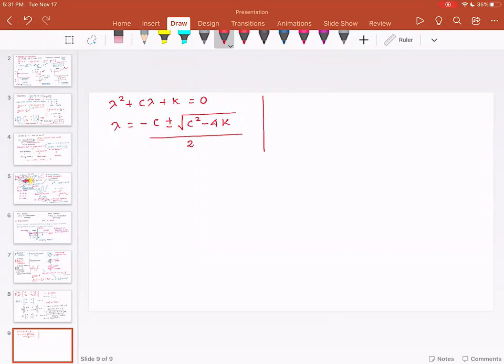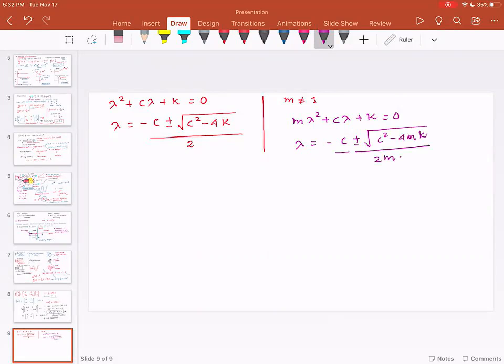If m is not equal to 1, the expression that I will land up with is m lambda square plus c lambda plus k is equal to 0, wherein lambda is equal to minus c plus minus square root of c square minus 4mk divided by 2m.